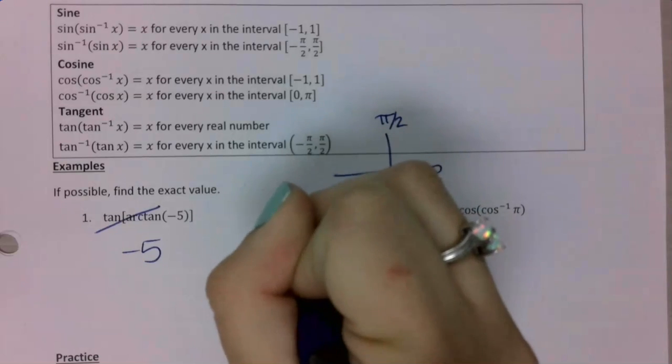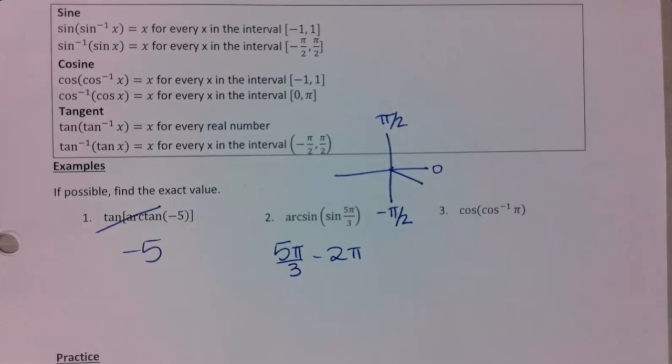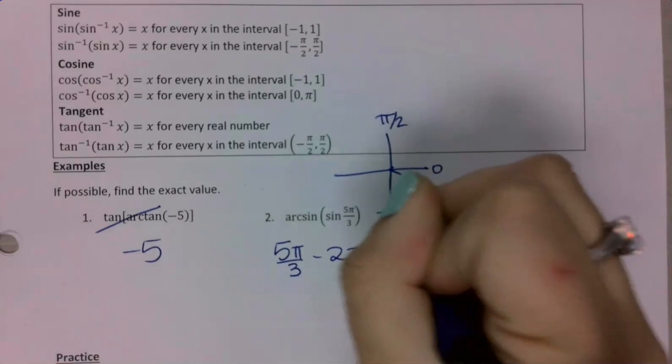I'm in radians, so I'm going to subtract what instead? 2pi. And what does that give me? -pi/3?